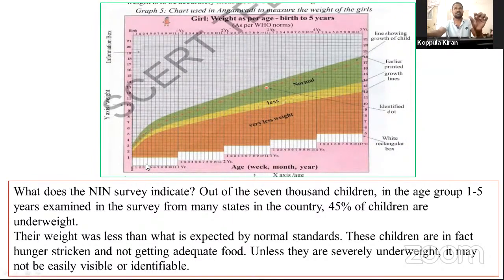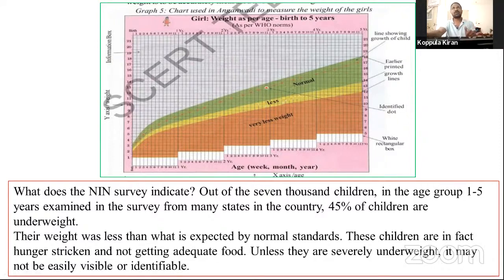Some children are very low weight. See this, on the y-axis, weight is there. This is 1 kg. For a newborn child, weight may be below 1 kg, or 2 kgs, or 3 kgs, whatever it is.